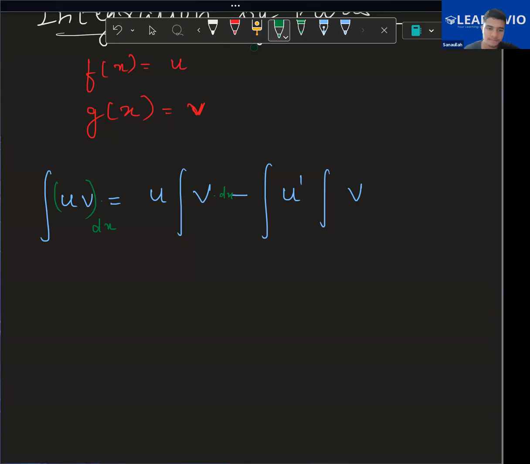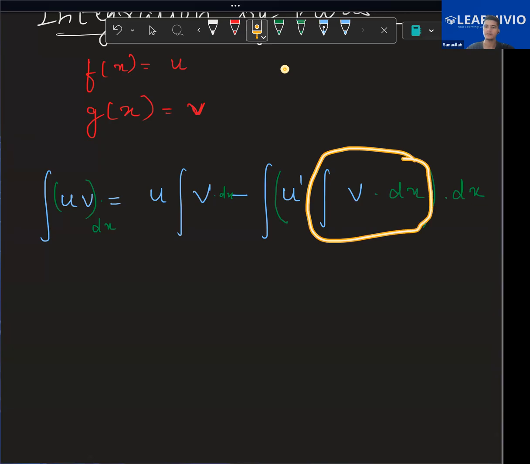Integration of u dash means you have to multiply this derivative of first function, then multiply that with the integration of v with respect to dx, and this is with respect to dx. ये आपको समझ आया विद रिस्पेक्ट टू dx कहाँ पे हो रहा है. ये जो dx का रिस्पेक्ट है, ये इस v फंक्शन के लिए, ये अलग पार्ट है. इसको जब आप सॉल्व कर लोगे, देन यू हैव टू मल्टीप्लाई दिस विद दिस u dash.